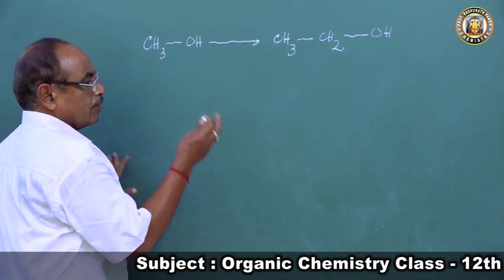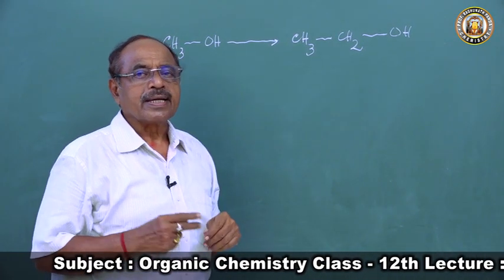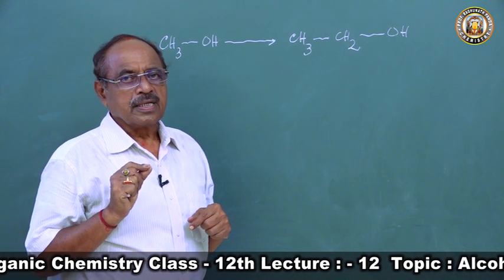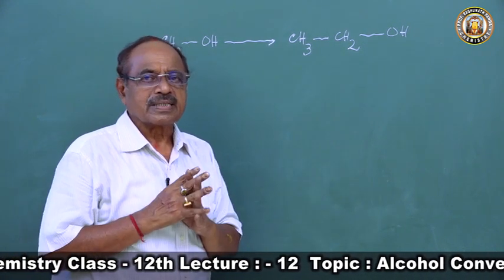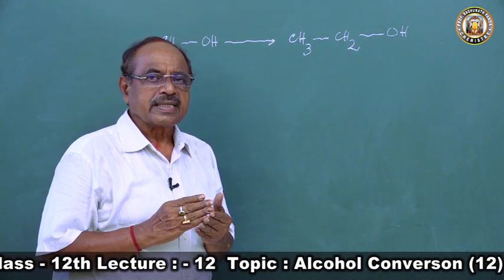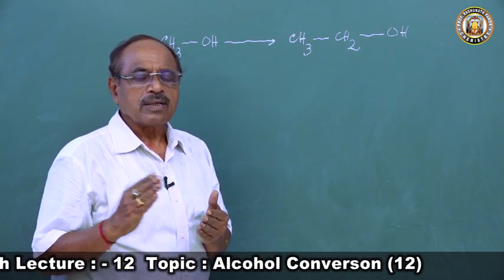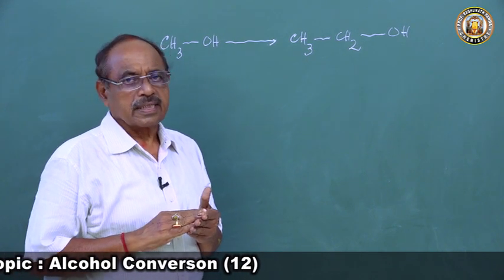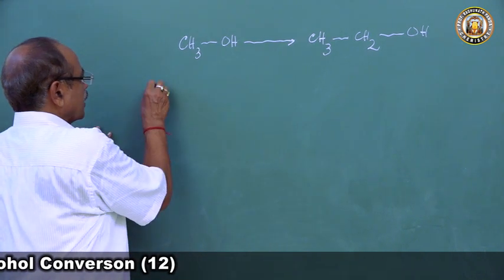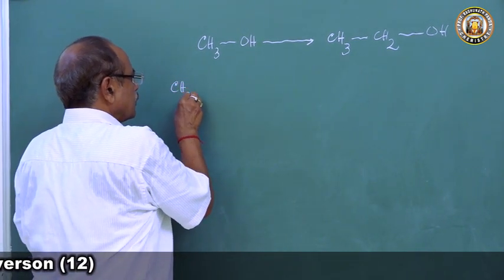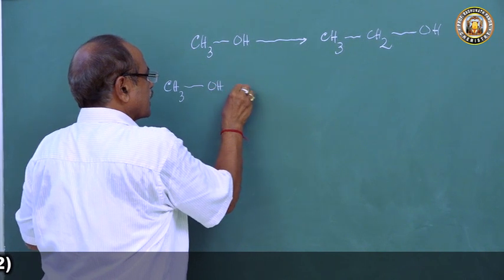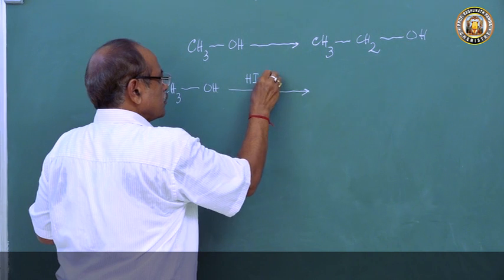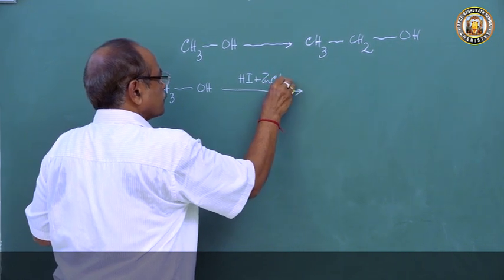So upgradation is always done by 2 methods: one by Wurtz synthesis and second by cyanogen synthesis. Once you are clear about the fundamental concept, wherever there is an increase of carbon atoms, we go by Wurtz synthesis or by cyanogen synthesis. Now methyl alcohol is taken, and we will treat this with hydrogen iodide plus zinc chloride.